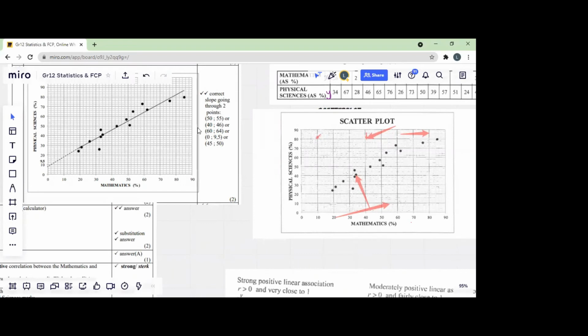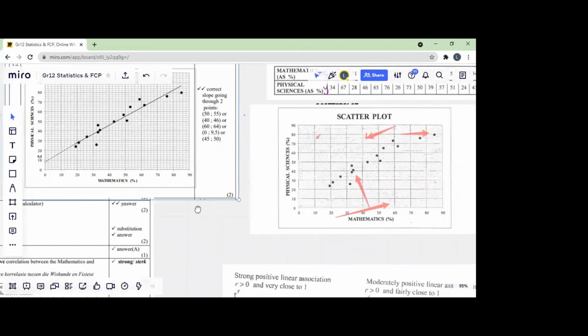Okay, it's only going to be drawn between your smallest data point and your largest data point. Okay, so any 2, and you can see in this case, they've chosen this one over here and that one over there. And it does not go smaller than your smallest data point or greater than your biggest data point over there. Okay, so going through 2 points, 50 and 55, or 40 and 46, or 60 and 64, or 0 and 9.5, or 45 and 50.